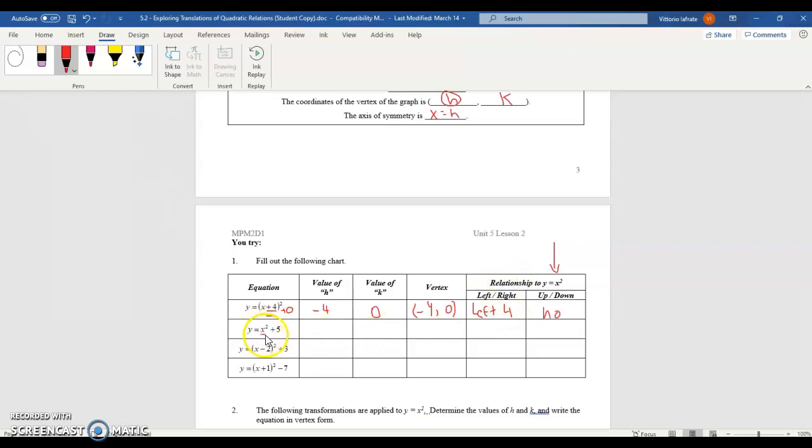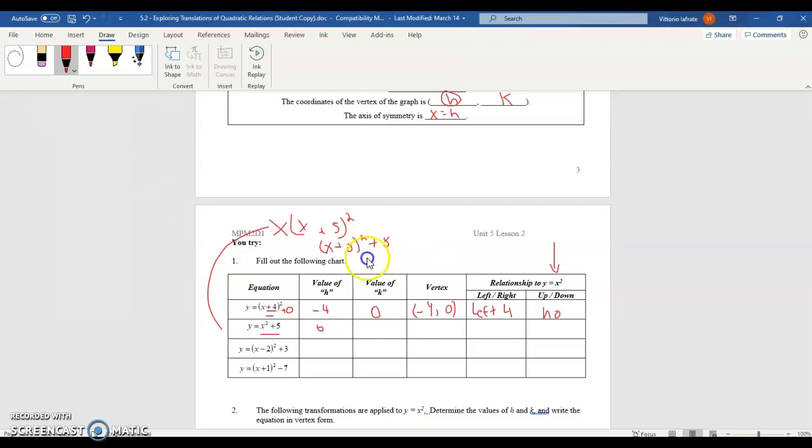Let's look at this one here. X squared plus 5. Notice that this is not (x plus 5) squared. It's x squared plus 5. So this is the case where h is 0, because it would look something like this: (x plus 0) squared plus 5.